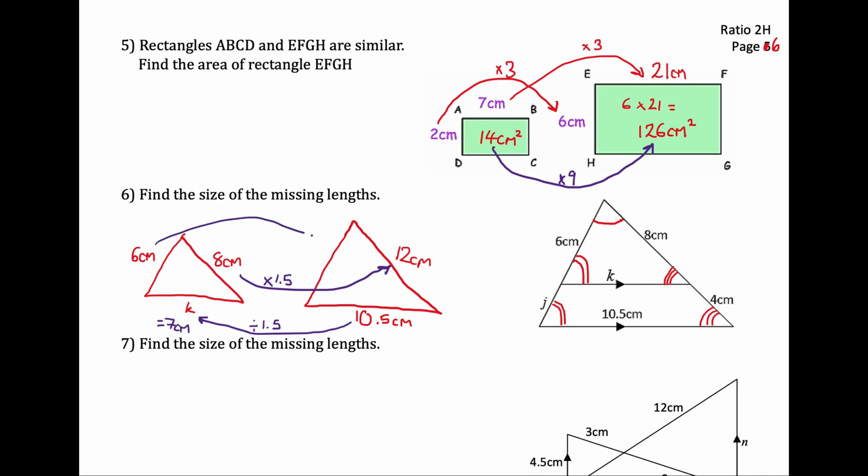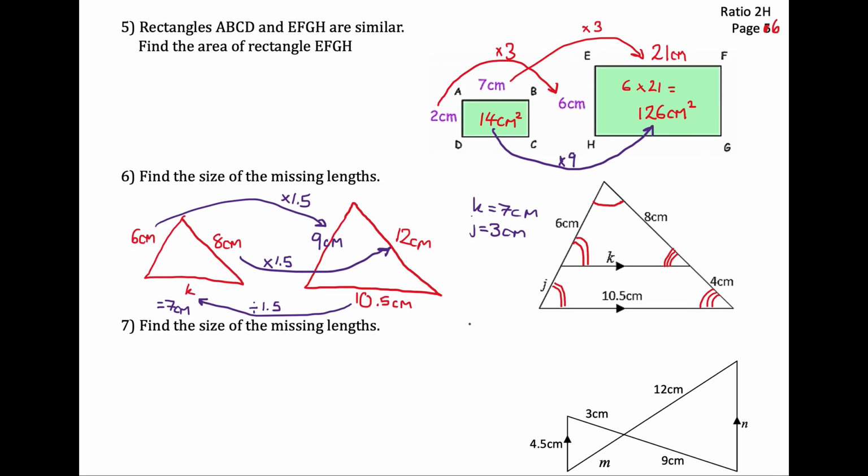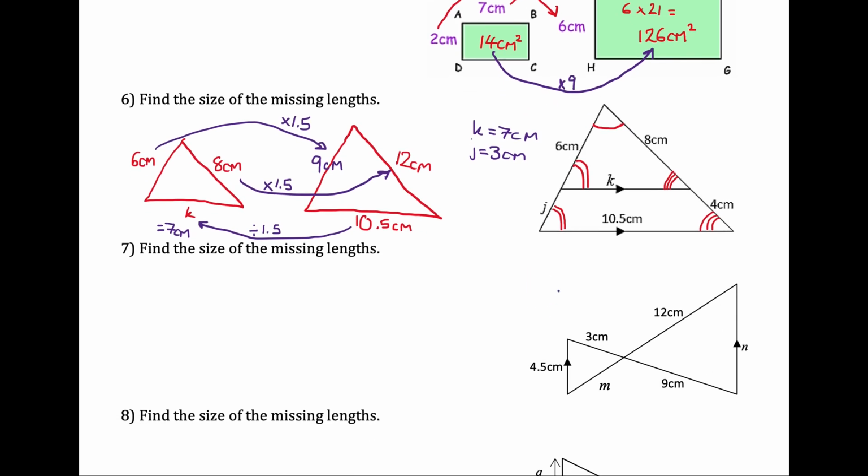So I'm going to times this by 1.5. 6 lots of 1.5 would give me 9 centimetres. So that means J is 9, take away 6, so J is 3. So K was 7 and J was 3. Okay, and they love to present similar shape questions in this style. Just draw out a bit more knowledge.